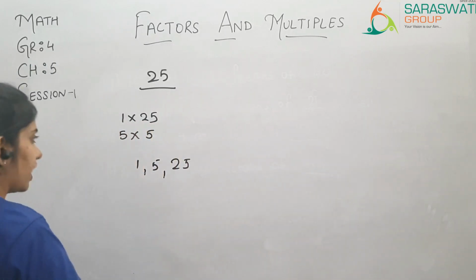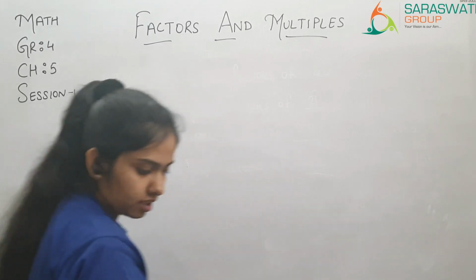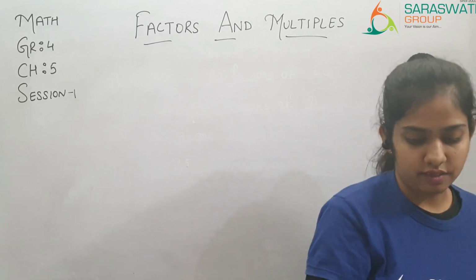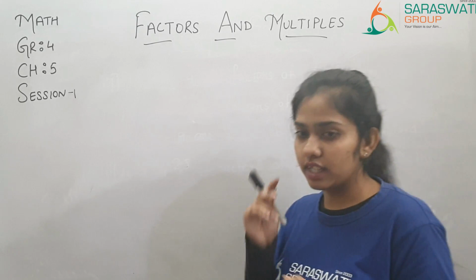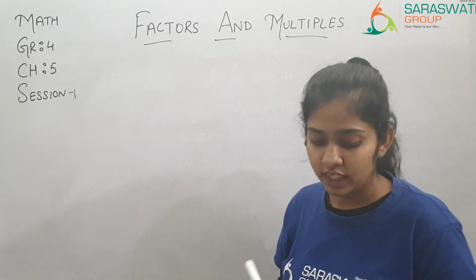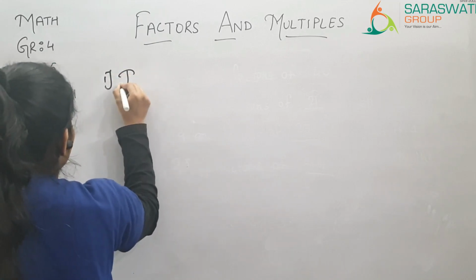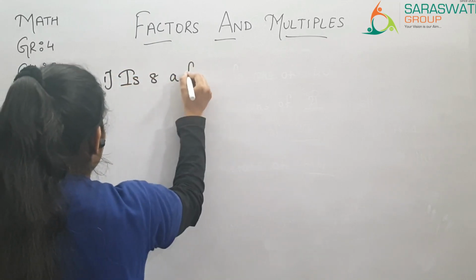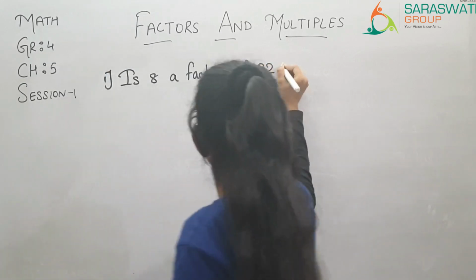Now let us look at another exercise, that is tick yes or no. You are supposed to tick mark if it is yes or no. Is 8 a factor of 32? Is 8 a factor of 32?